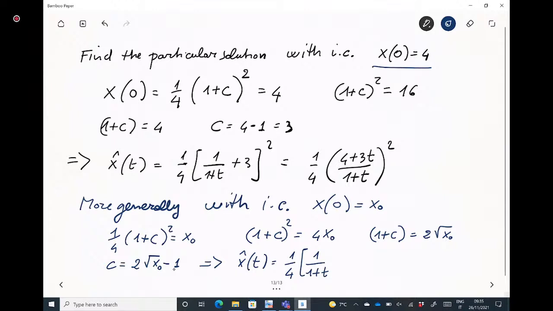So it is minus 1 plus 2 square root of x0, and this can be rewritten maybe in a different manner, because here we have minus 1 minus t, so 1 minus 1 minus t, so it is minus t.